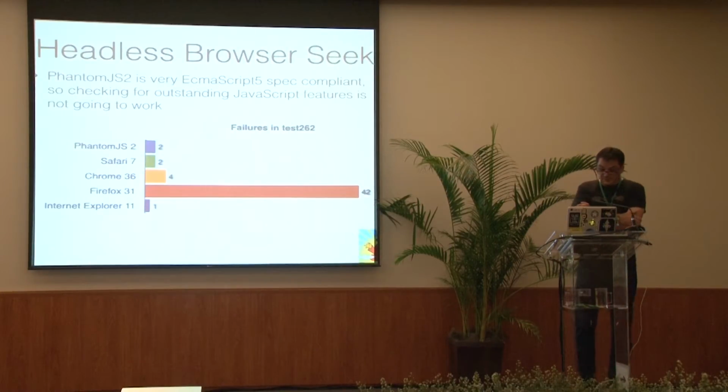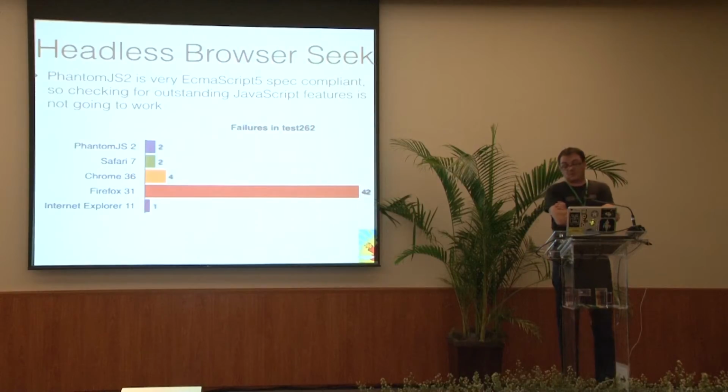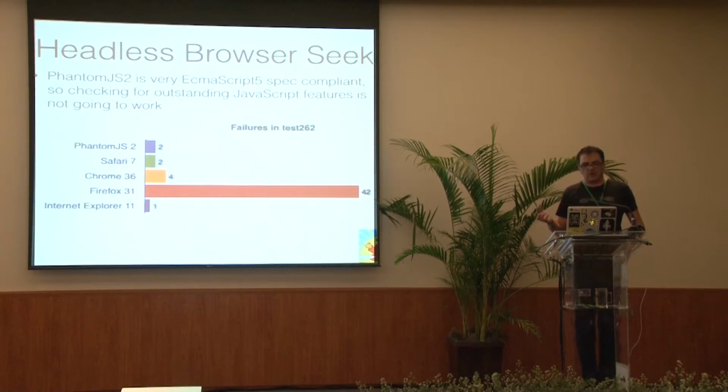Well, another observation is that, putting aside PhantomJS 1.9, which is current stable, PhantomJS 2 is very, very ECMAScript 5 compliant. There is a set of tests called Test262, developed by the ECMAScript proposal writers community, and whenever a new feature is added to the ECMAScript specification, some tests are also covering that feature.